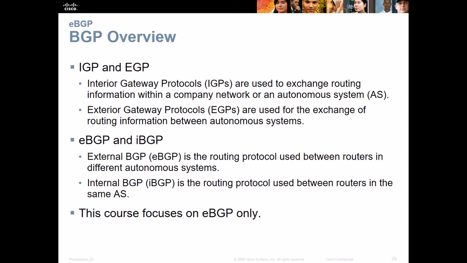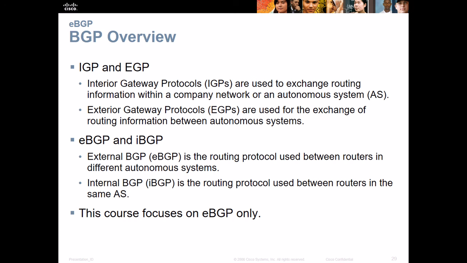Mostly they use OSPF. OSPF is called an interior gateway routing protocol, and EIGRP is also called an interior gateway routing protocol because they are within one system, one area.